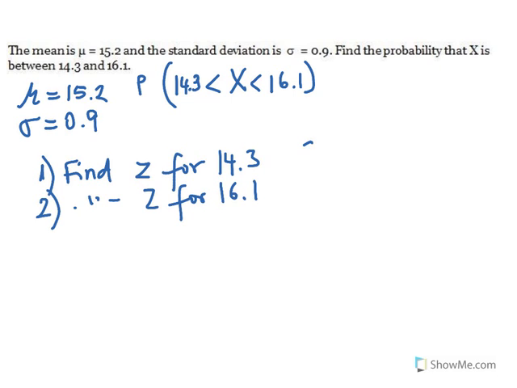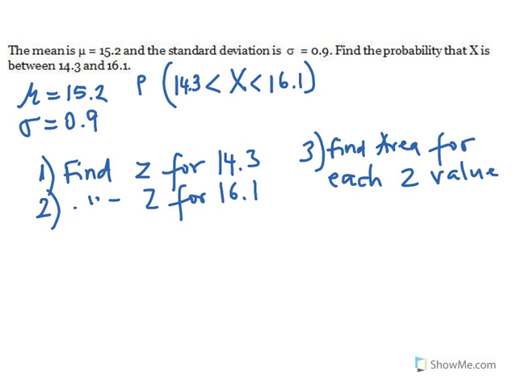Then step 3 is to find the area for each z value that we got in steps 1 and 2.